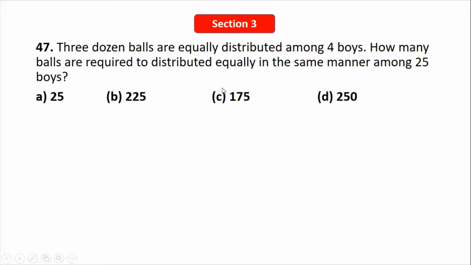3 dozen balls are equally distributed among 4 boys. How many balls are required to be distributed equally in the same manner among 25 boys? So 3 dozen balls, or 36 balls, are distributed equally among 4 boys.